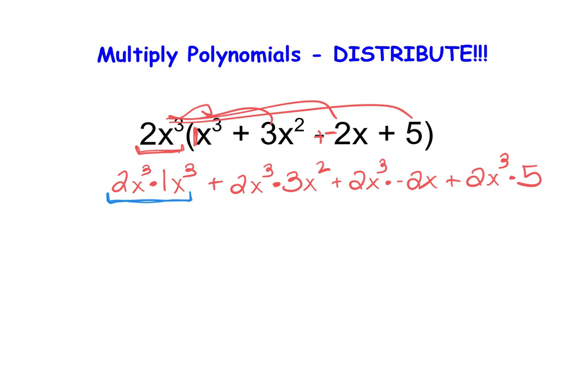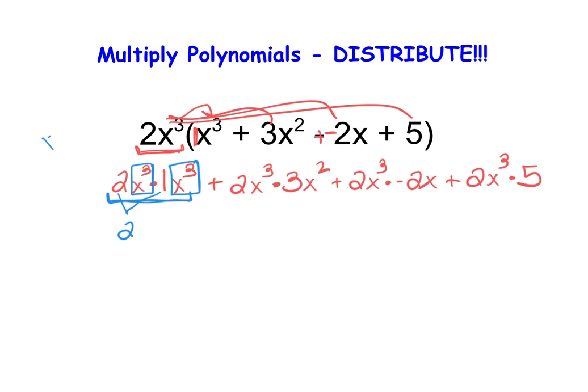So let's start right here with this small term. In order to combine this together to be more simplified, we're going to take the coefficients, which is 2 and 1, and multiply them together. And 2 times 1 is 2. Then from here, we have an x to the third times an x to the third.